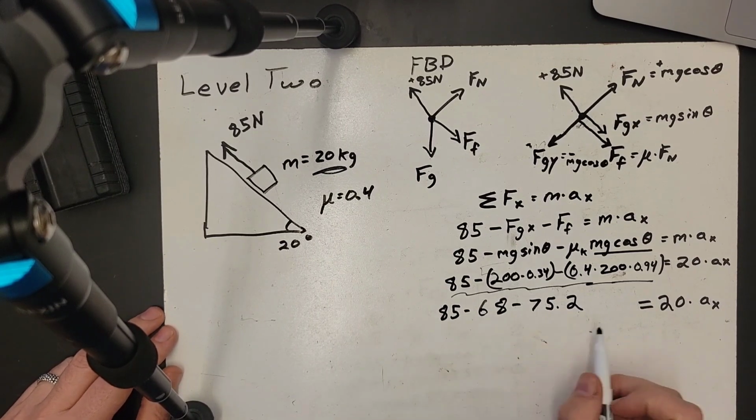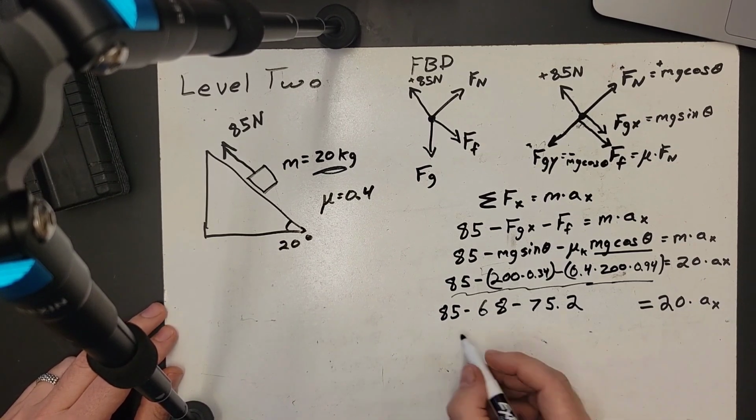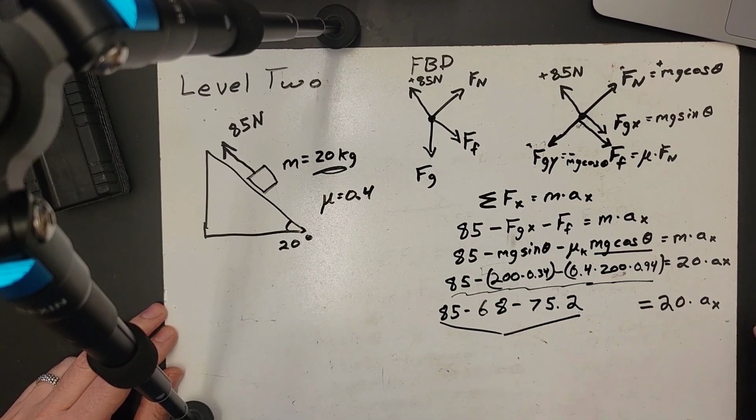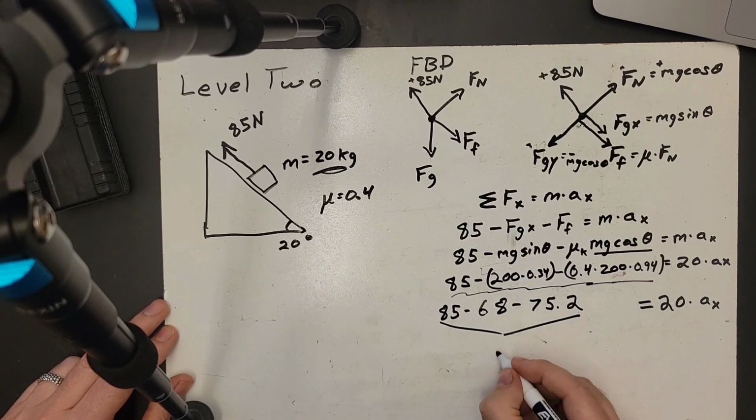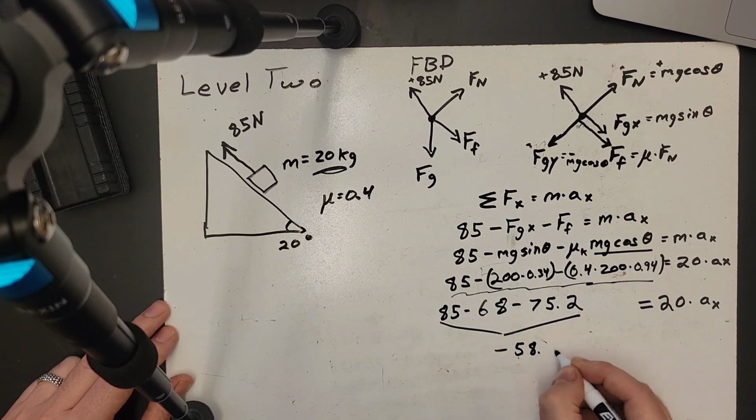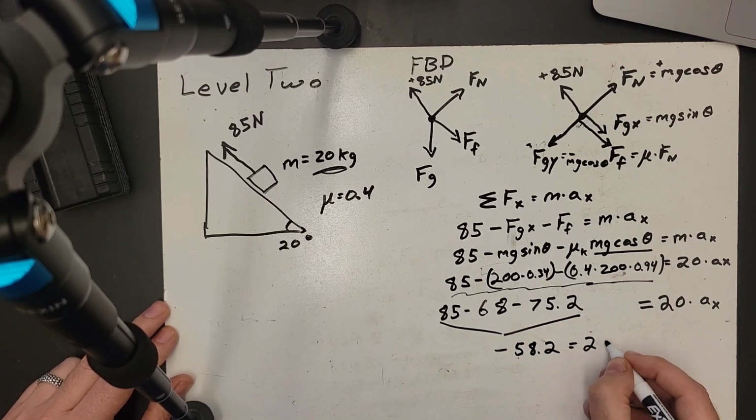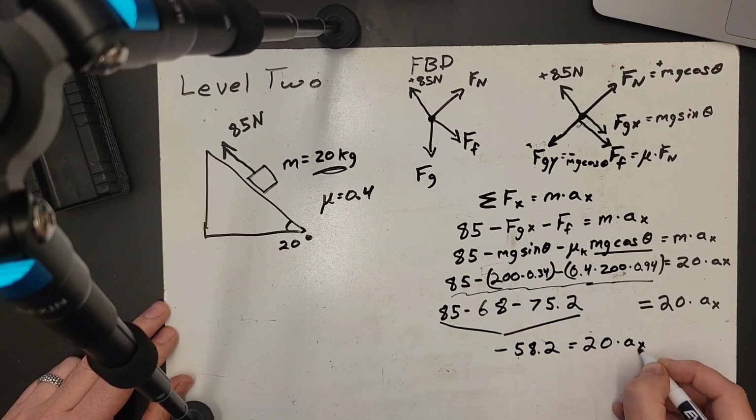Uh-oh, these numbers are pretty big. All right, so all that is going to give me 85 minus 68 minus 75.2 gives me negative 58.2 equals 20 times AX.